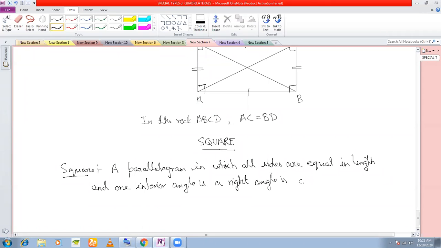That is called a square. So a square is a special kind of parallelogram in which all sides are equal and one interior angle is a right angle. So that is what the definition of square is.